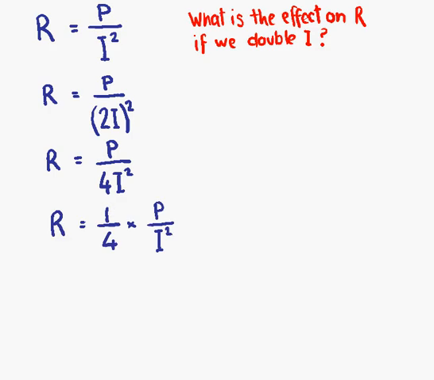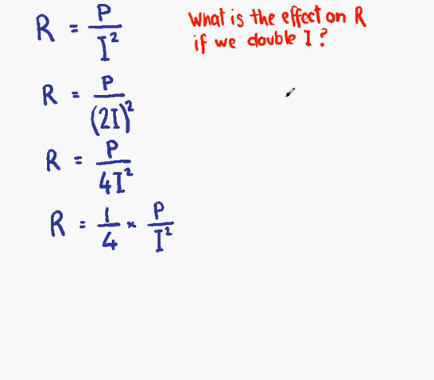R equals 1/4 times P over I squared. 1 times P gives us P on the top line, and 4 times I squared gives us our 4I squared on the bottom. So the question was, what is the effect on R if we double I?